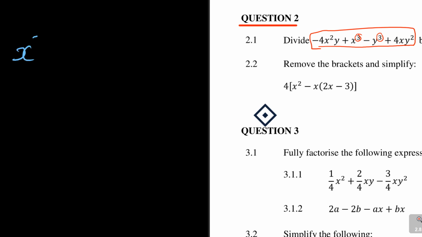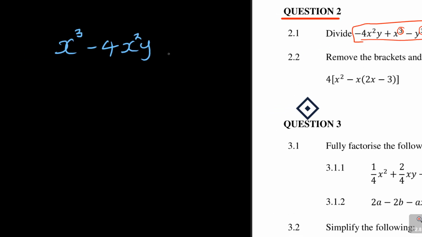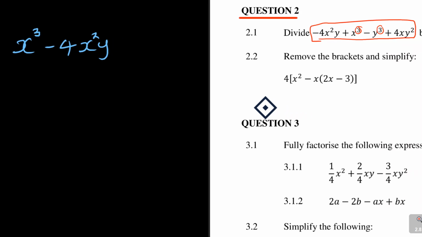So start with x cubed followed by x squared, which is x cubed minus 4x squared y. Then followed by x, but I don't have x here, you see. And then after that, you can now introduce the y squared version, which is plus 4x y squared, and lastly minus y cubed.